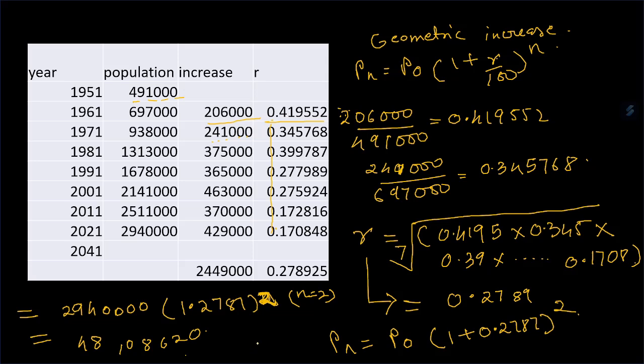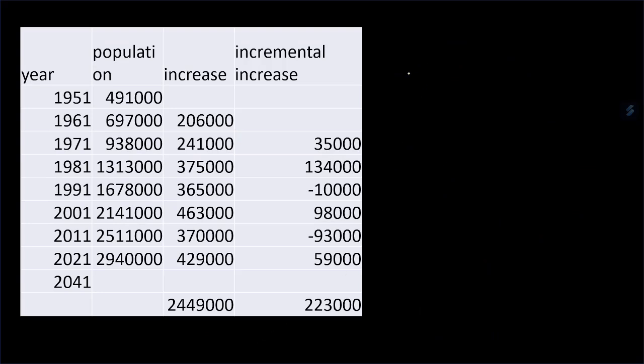Now going on to our next model, that is the incremental increase model. So the incremental increase model is nothing but Pn is equal to P0 plus Nx plus n into n plus 1 by 2 into y.